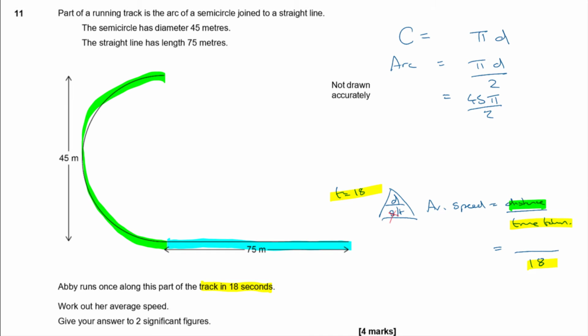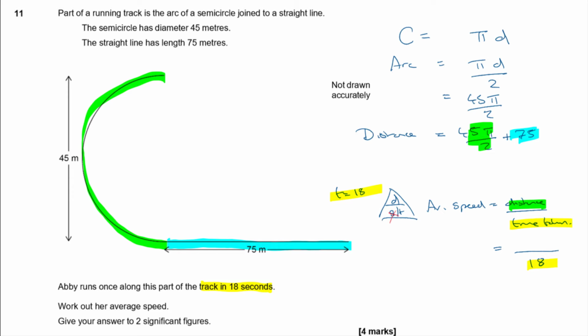So that's the arc length, and so the total distance traveled is going to be the arc, which is 45 pi over 2, I'm just leaving it in terms of pi for now to maintain accuracy, plus the straight section, which is 75. So this is the curved part, and this is the straight part, and altogether that gives me the distance. The speed is then going to be whatever that is divided by 18.